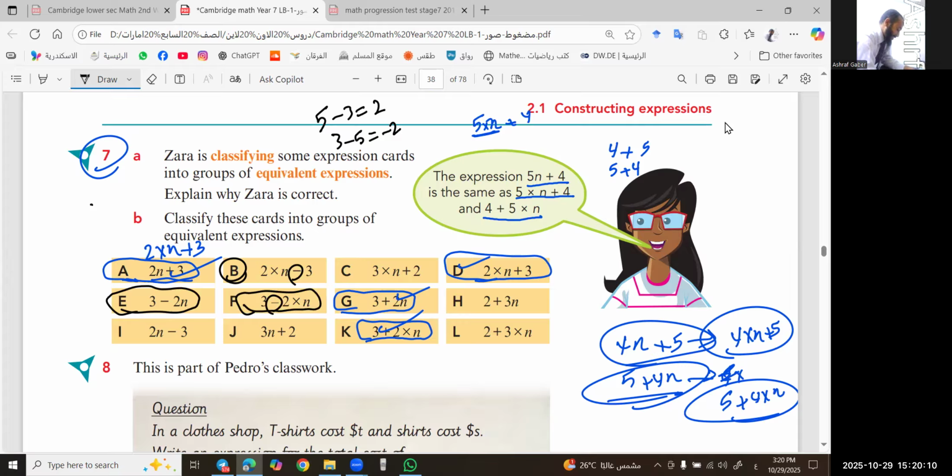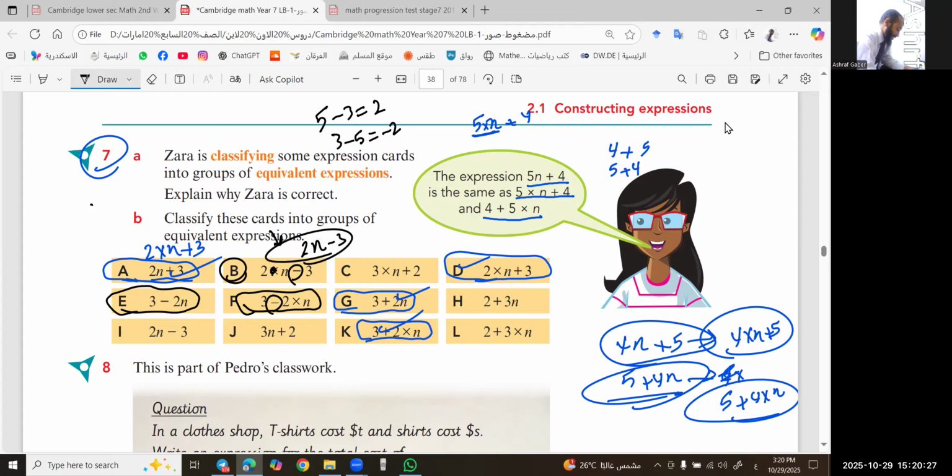But number B, pay attention to number B, it will be like what? Like B, yes, this B. Here we can cancel these times and we can write 2n minus 3.